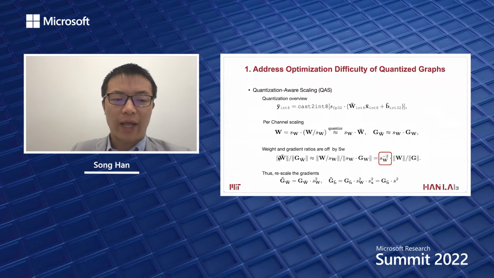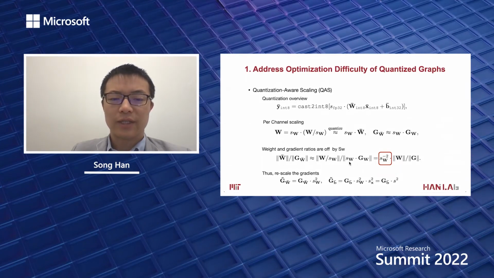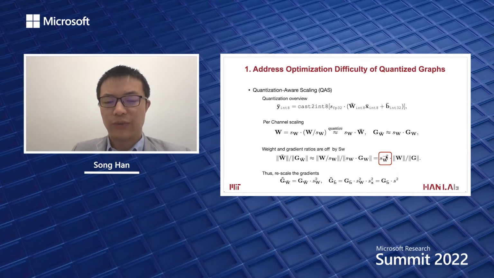We plug in this W hat, which equals the original W divided by the scaling factor, and the gradient to the quantized W is equal to the scaling factor times the original GW. Finally, we find there is a term SW to the power of minus 2 times the original weight over gradient.